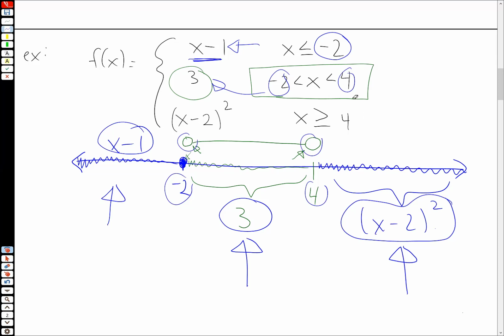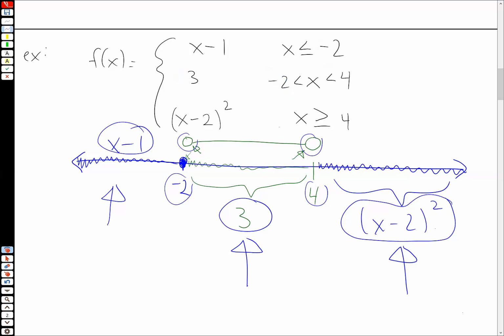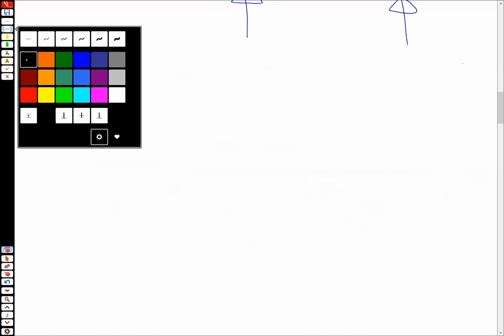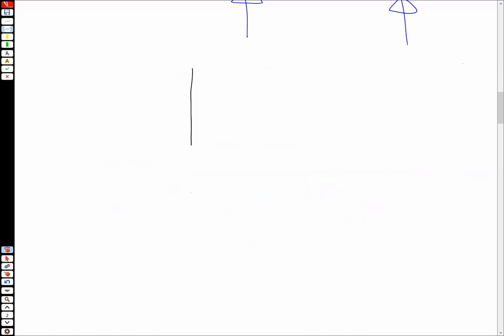Let me clean this up a little bit. And I'm just going to plot those points, and try to color coordinate as best as we can. Now remember, we're sketching here. This isn't going to be perfect.